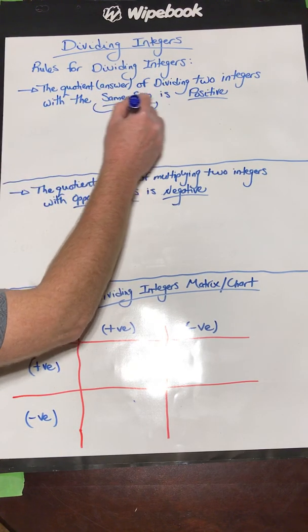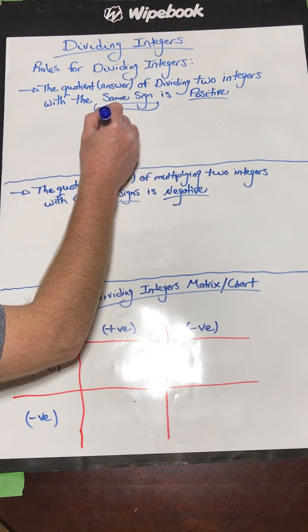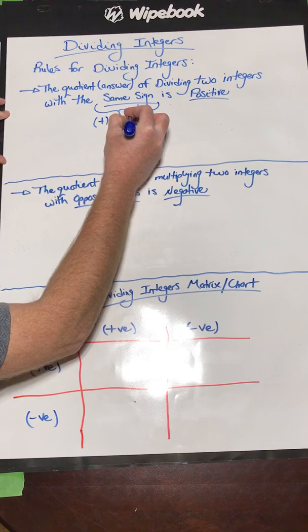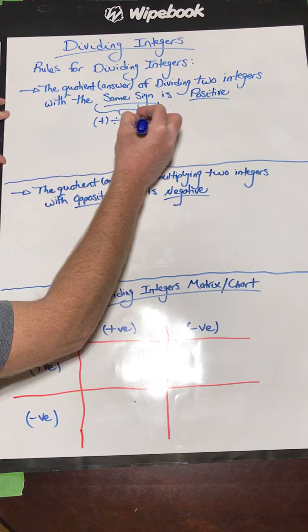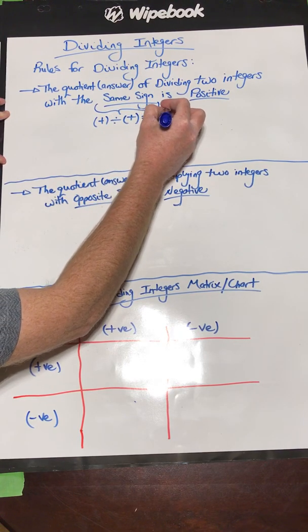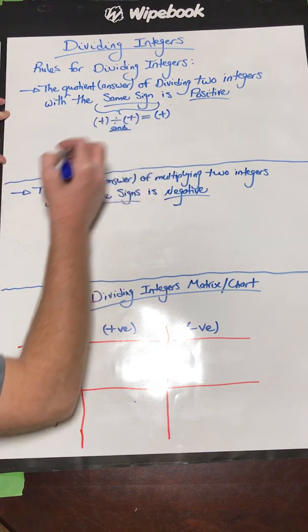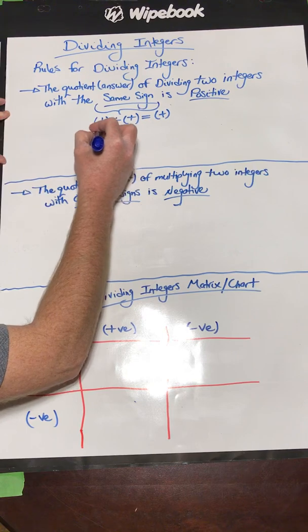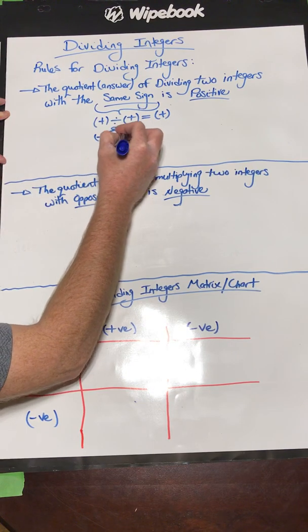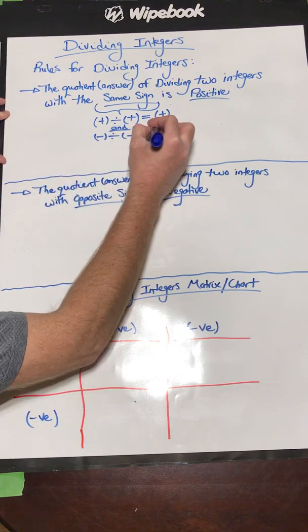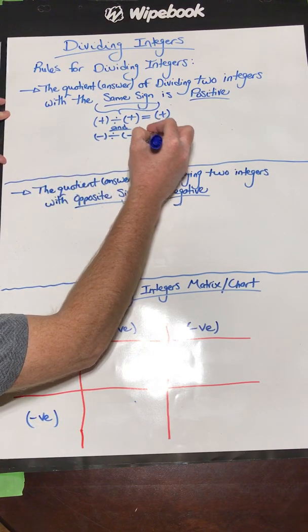So if we have a positive integer divided by another positive integer, the answer is going to be a positive integer. And if we have a negative integer divided by another negative integer, it is going to result in a positive integer.